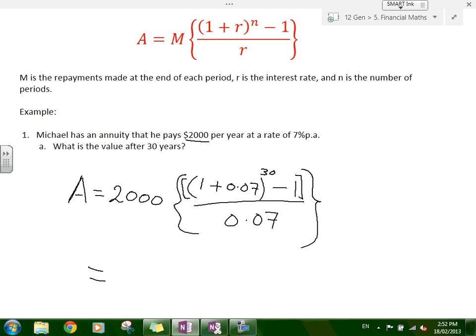I got 188,921, which is actually correct. I'm just saying add in an extra set of brackets. Can everyone do this, please? Just use the same brackets as the calculator.